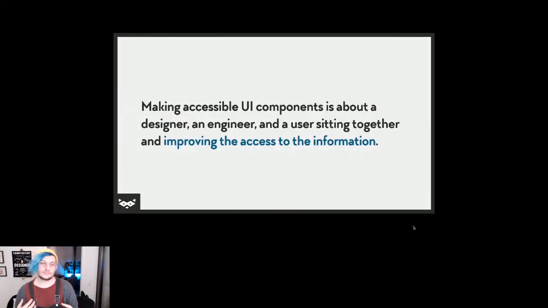So for all of that, designers, engineers, and maybe users sit together in order to really think about what is the information that we want to provide, not how good it will be in the end for people having visual capacities, but just what is the information that we want to provide and how can we make sure that it is accessible.